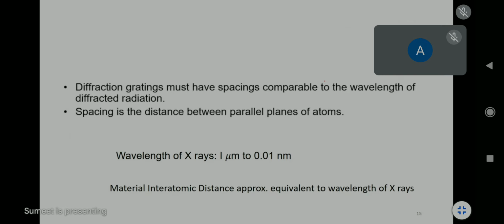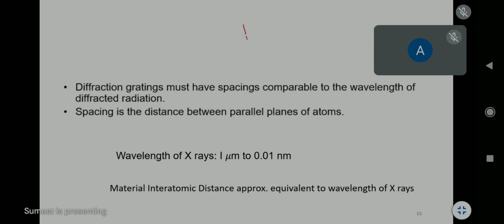So we have learned about diffraction. In diffraction, the diffraction gratings must have spacing comparable to the wavelength of the diffracted radiation. You have also performed a slit experiment.